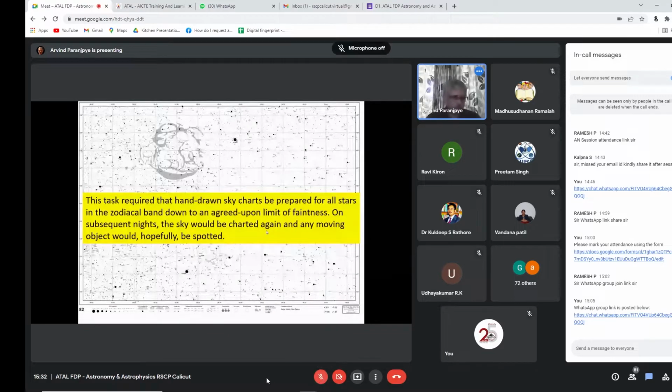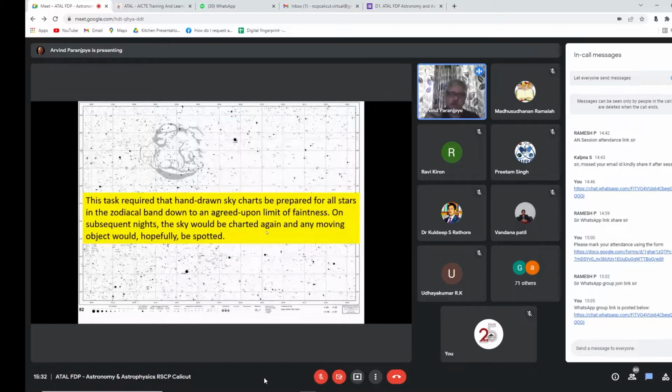So how were they to know that this is the object? I seem to have missed out that particular diagram from this PowerPoint presentation. The diagram was that a planet at approximately 2.8 astronomical units from the Sun moves about 1/4 of a degree in 24 hours.